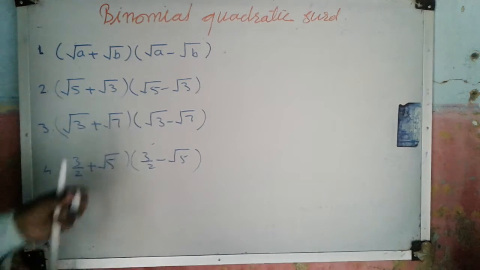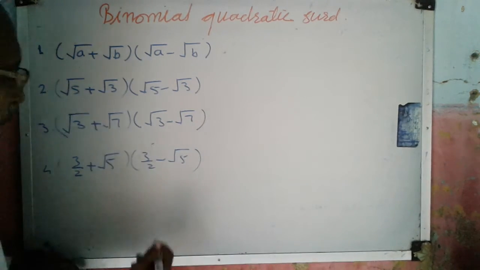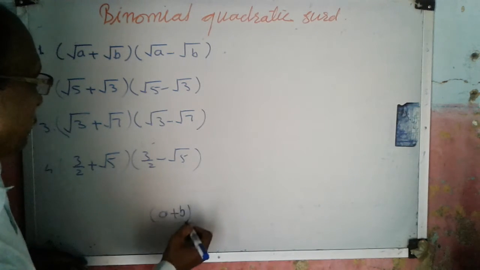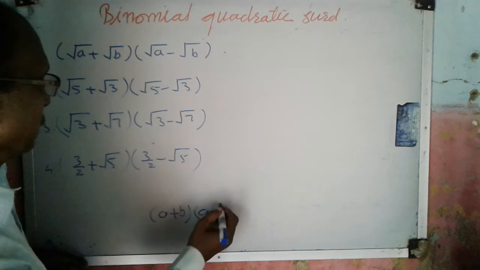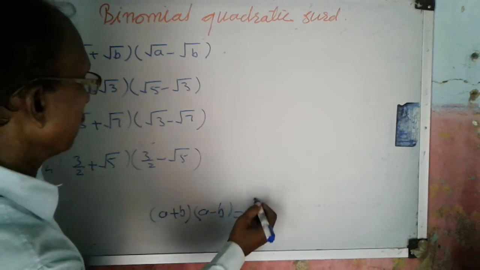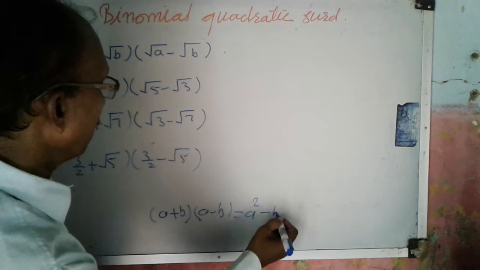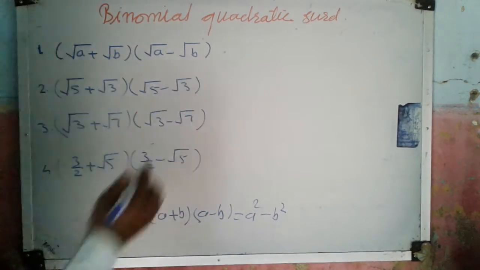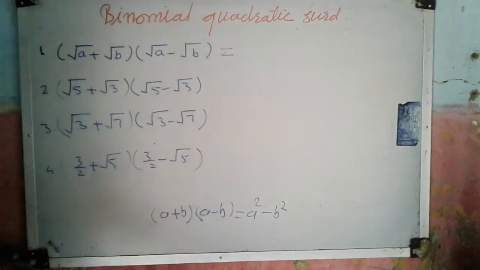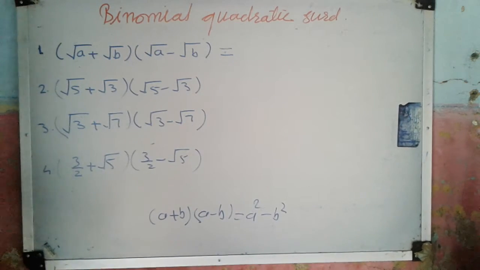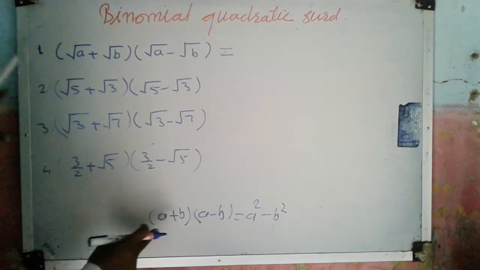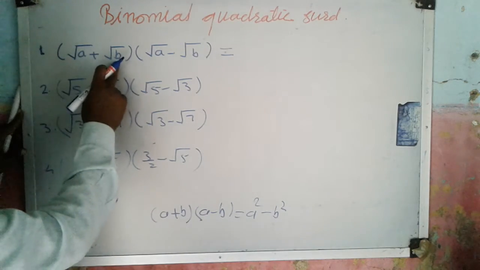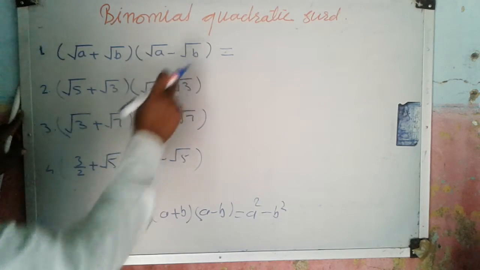Now here already we know this formula. That means if in first bracket a plus b, in second bracket a minus b, the product is equal to a square minus b square. So using this formula we will find the product of these two brackets. Now see here, root a plus root b, and in another bracket root a minus root b.